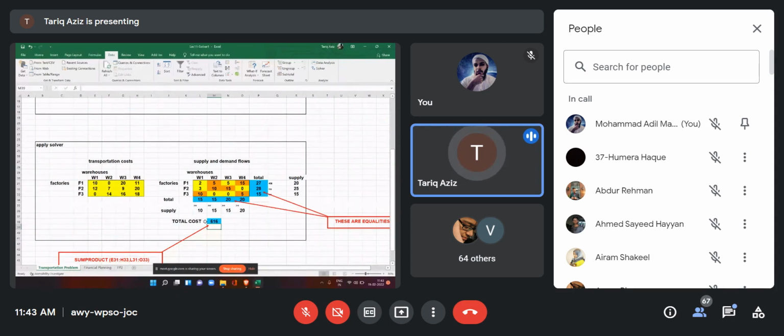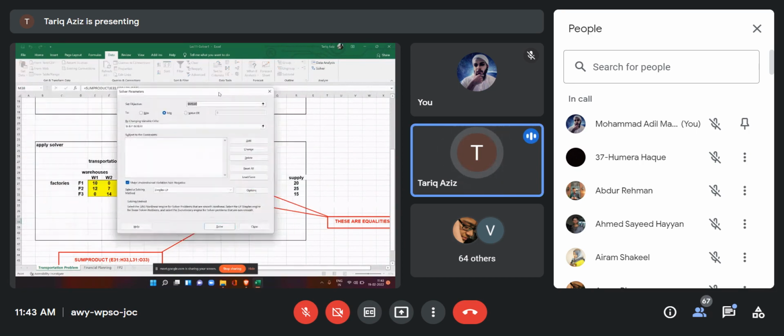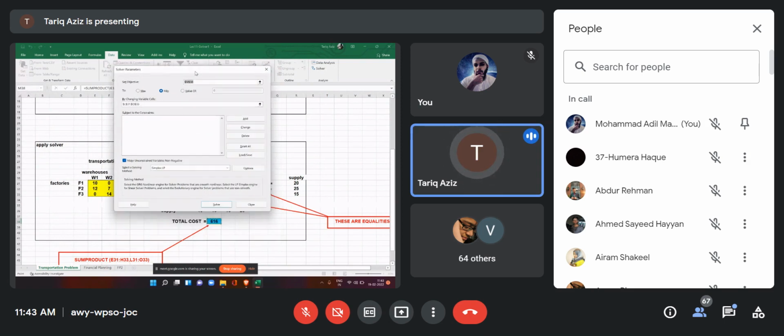In such problems, the objective or aim is to minimize the cost. First you select the cell where the cost has been calculated. After selecting this cell, you come to the solver option and this dialog box opens. Since we started after selecting the cell where the cost was calculated, M38 shows up here by default.